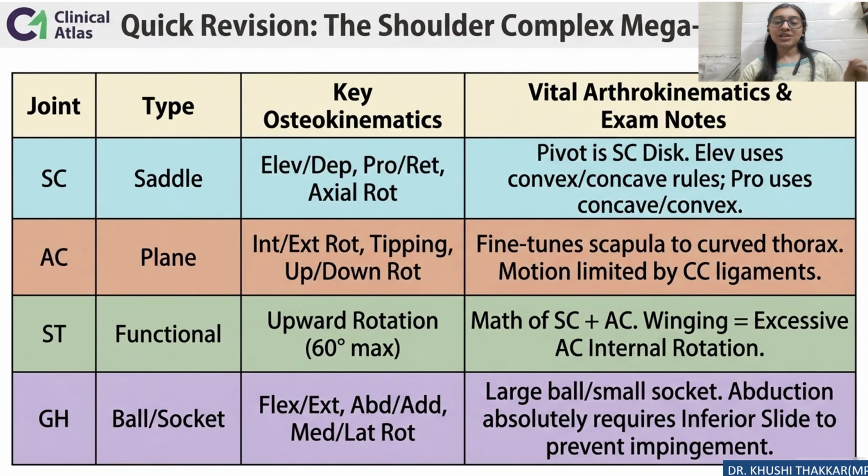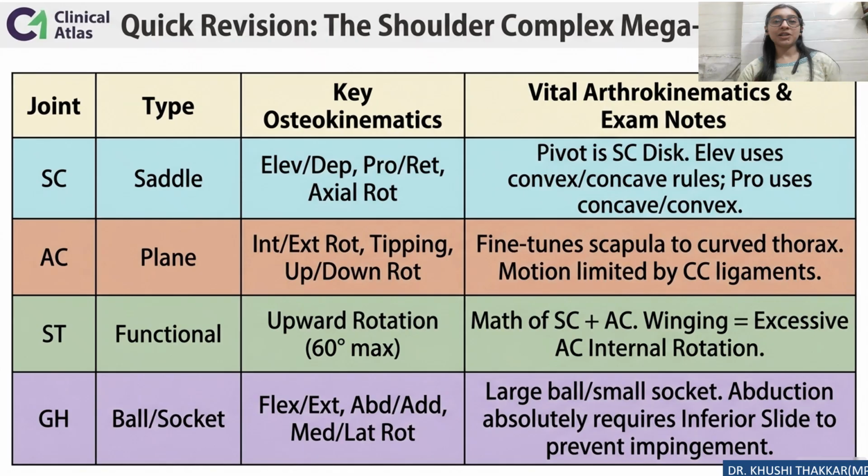Next is the functional scapulothoracic joint, which provides upward rotation of 60 degrees and the max of the scapulohumeral rhythm, that is the sternoclavicular joint and acromioclavicular joint combine together. The winging, that is excessive acromioclavicular internal rotation, and weakness of the muscle. I had asked you before, the answer is serratus anterior muscle weakness causes winging of scapula.